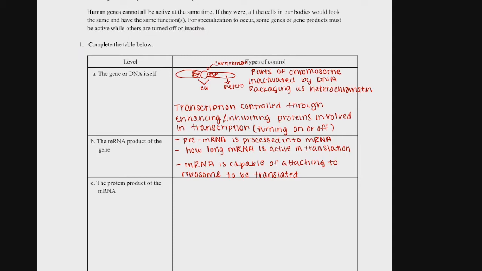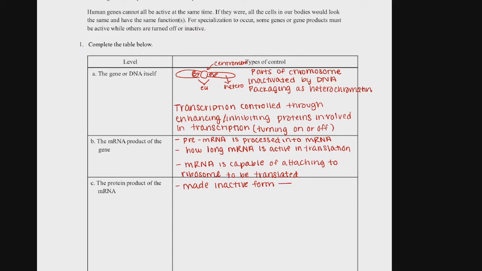Okay, and finally for C, the protein product of mRNA. The protein product can be made in an inactive form. So a protein can be made either in its active form or in its inactive form.